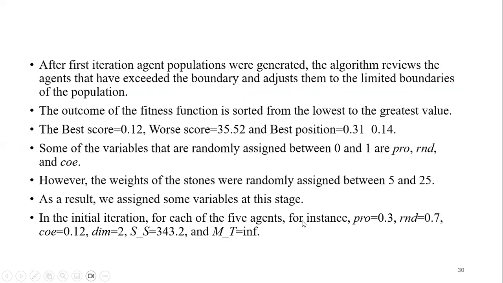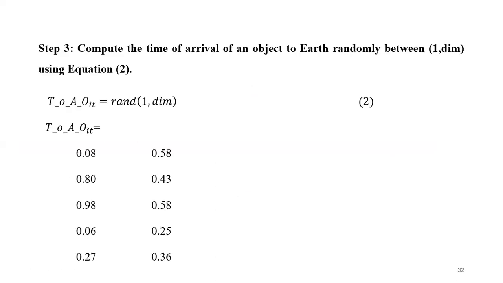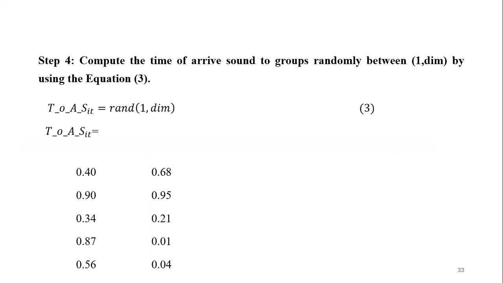We change random values and we follow similar equations according to the conditions that we have. We will find the weight, the sound travel, and the travel of the object to the ground, and then the travel of the sound in the air to the ground.